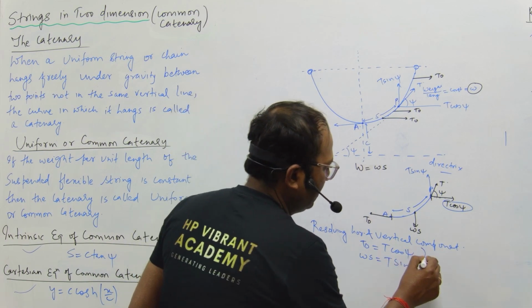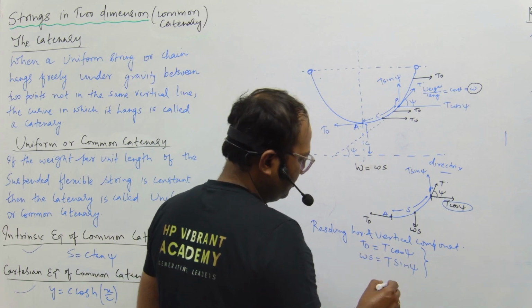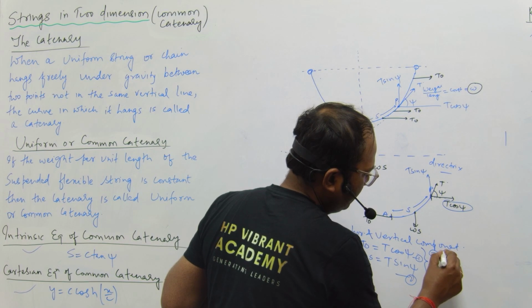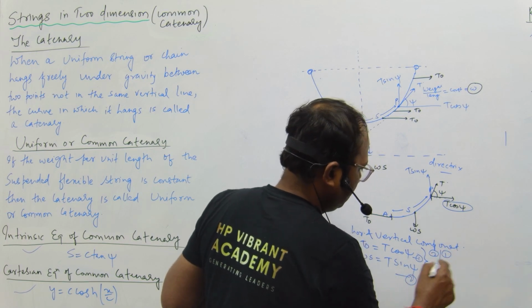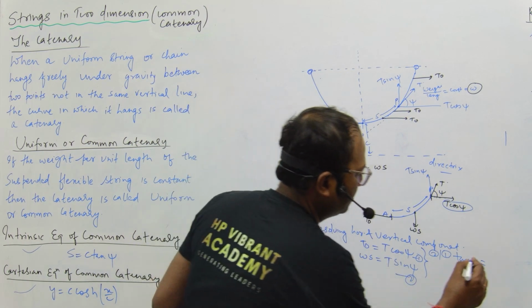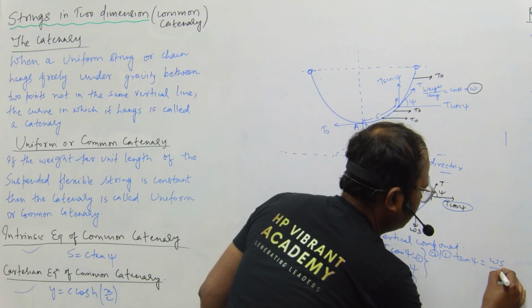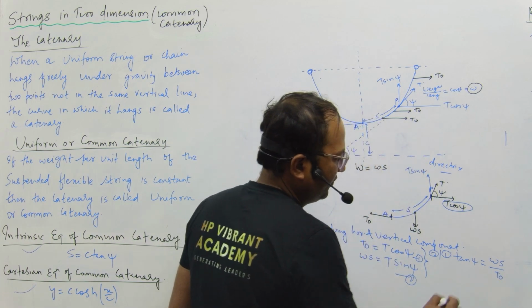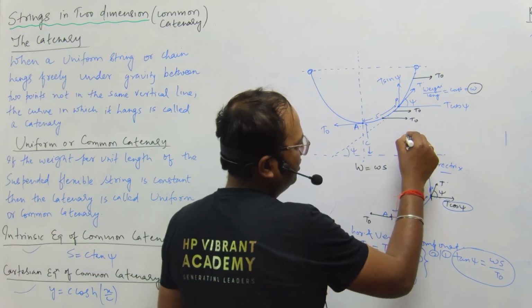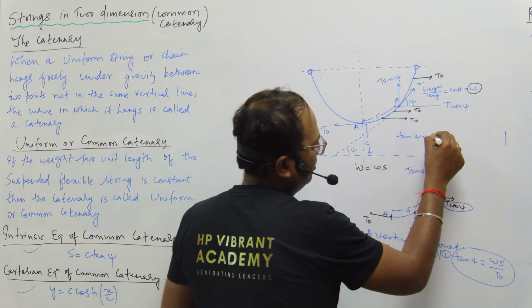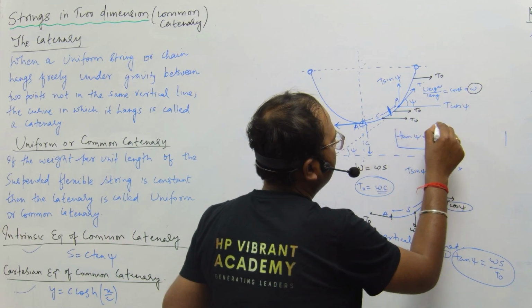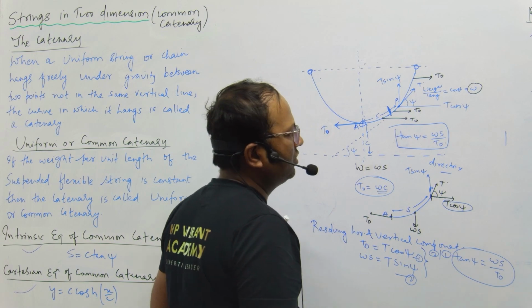Let us take these as equations 1 and 2, and divide 2 by 1. We have sin psi upon cos psi, that is tan psi, equal to ws upon T naught. So tan psi is equal to ws upon T naught.